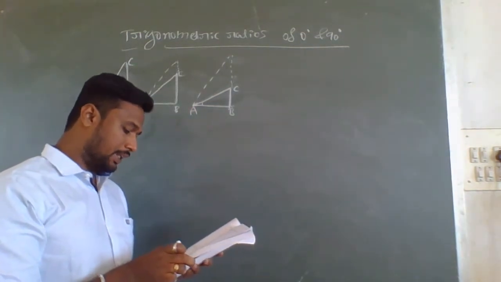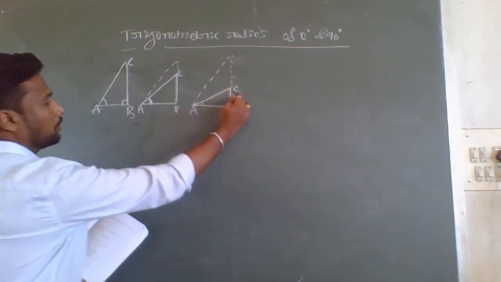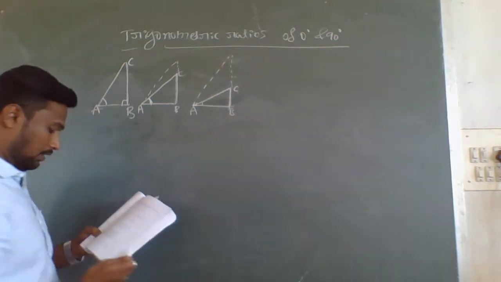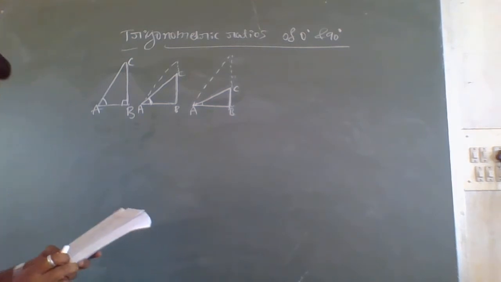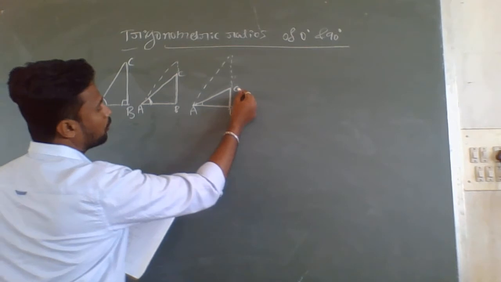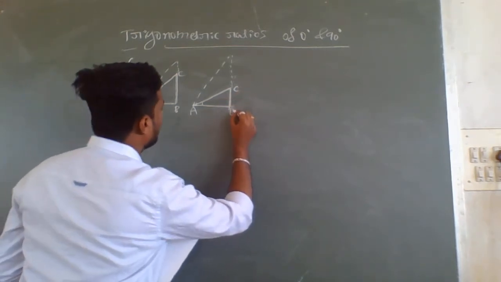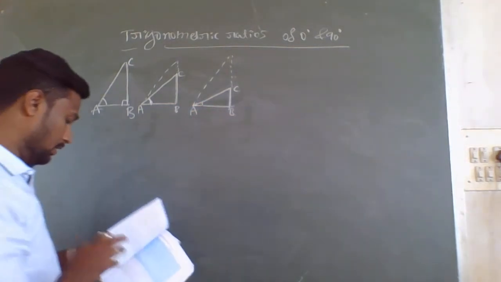The point C gets closer to B, and finally angle A becomes very close to 0 degree. When this point C becomes very close to point B, this angle A will become 0 degree.